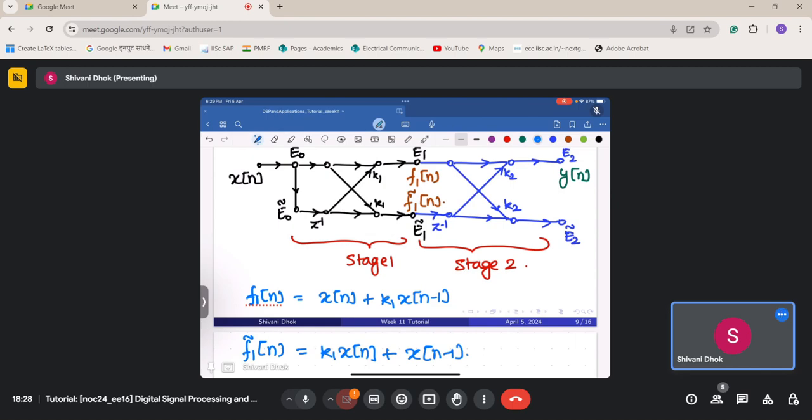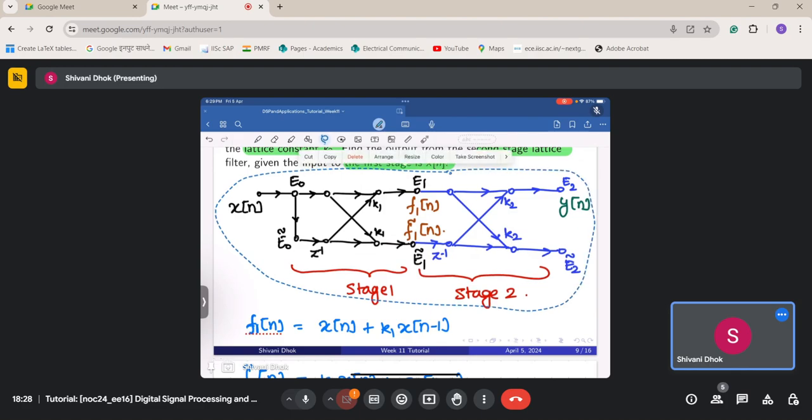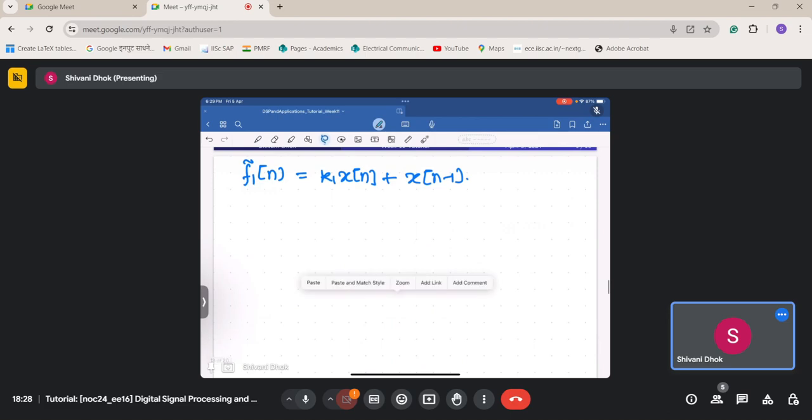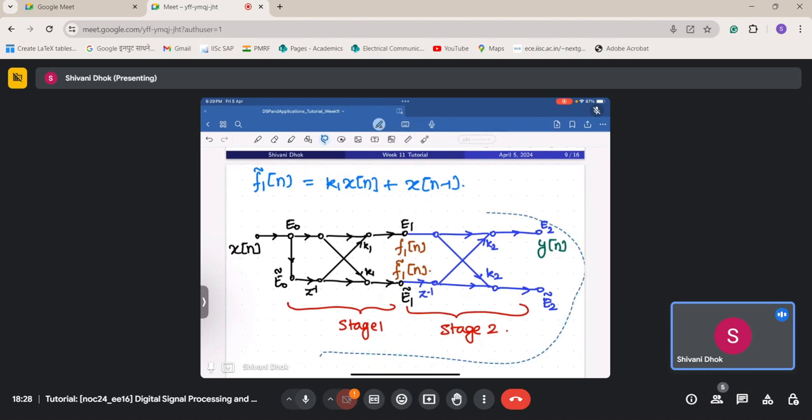So these are the outputs from stage 1 of the lattice. We just copy this lattice again here for reference.